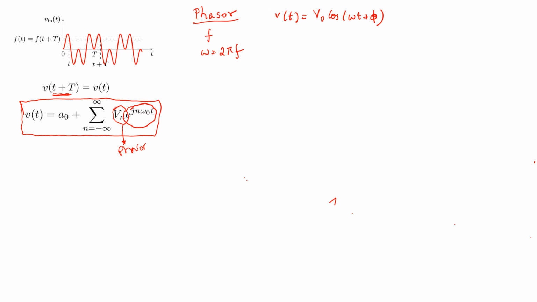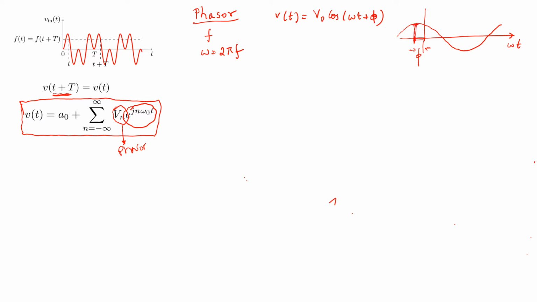How does that signal look? For example, if we were to plot it out, let's say the x-axis is the omega t axis, then this particular signal is going to look like something like this, where the cosine curve has been shifted to the left by an angle of phi.